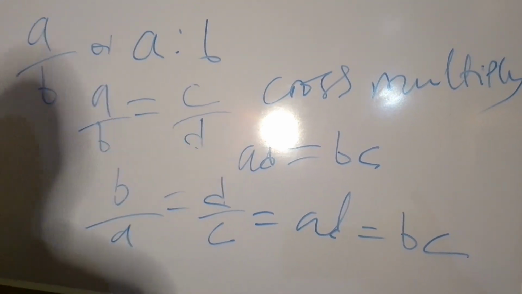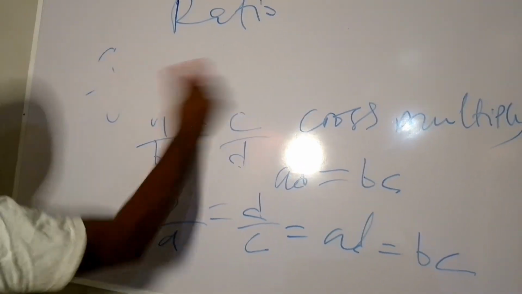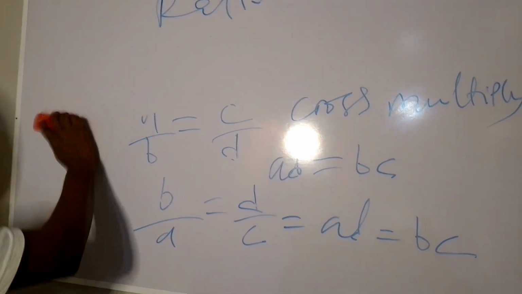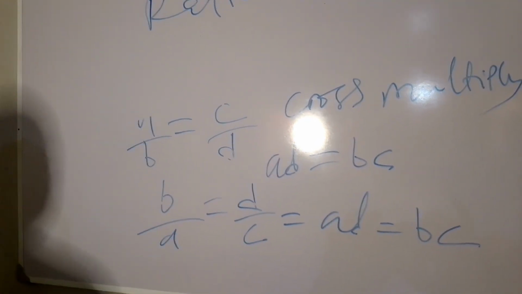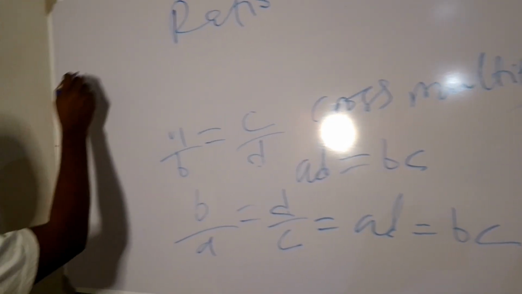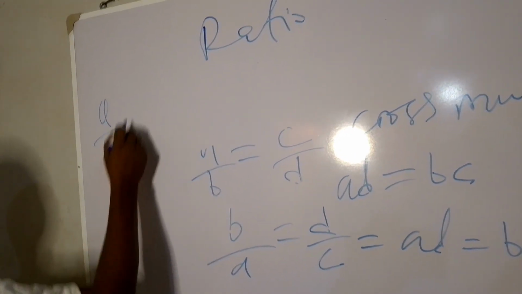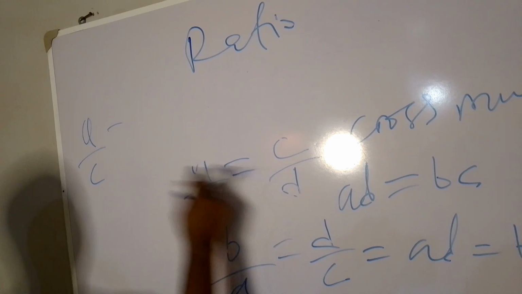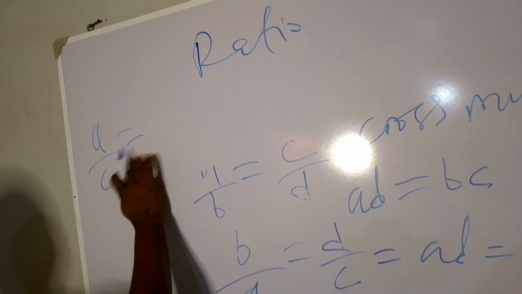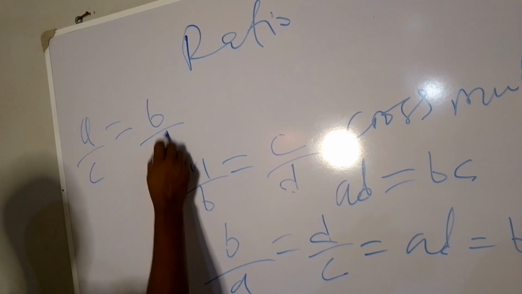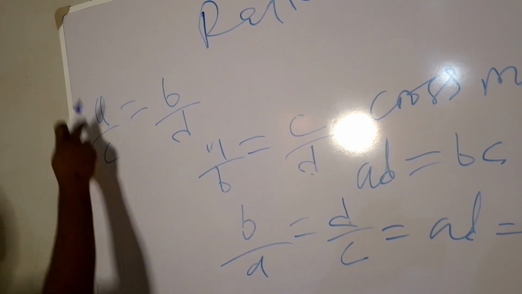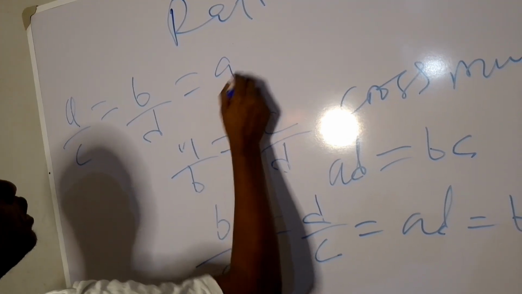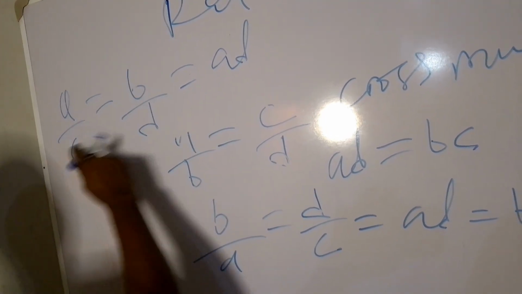You can also alternate it. You say A over C, and then B over D. When you cross multiply, A times D gives you AD, and B times C gives you BC.